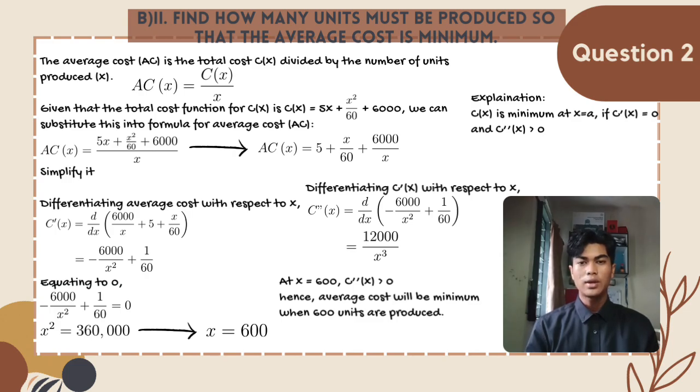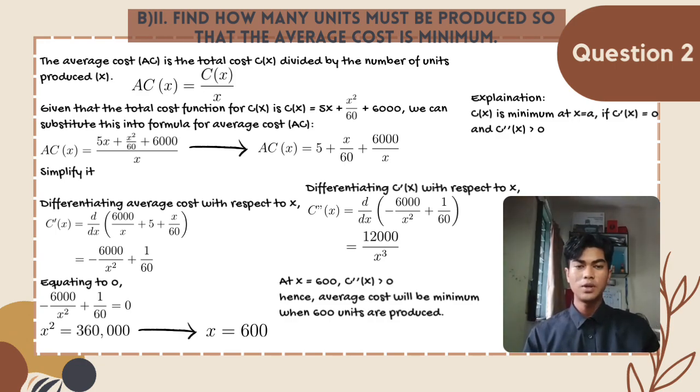Then when C̄'(x) equal to 0, we write it as 1 over 60 minus 6,000 over x to the power of 2 equal to 0. Then we switch the place, making it into 1 over 60 equal to 6,000 over x to the power of 2. Then we multiply it using the cross formula.